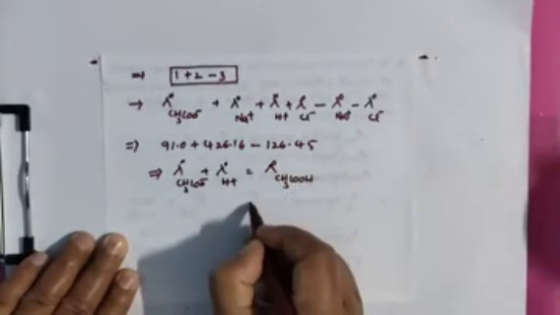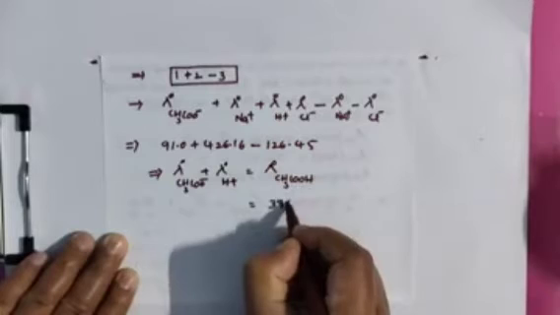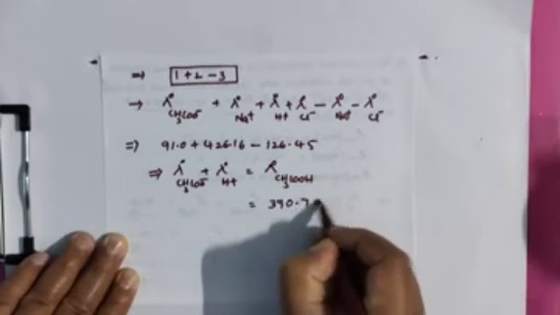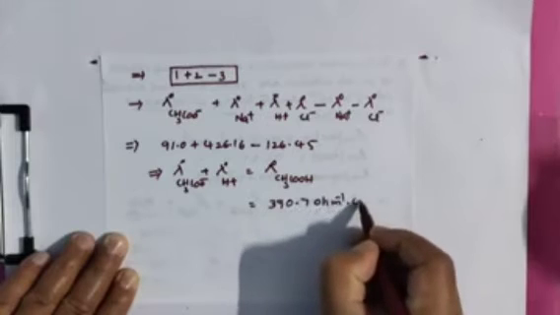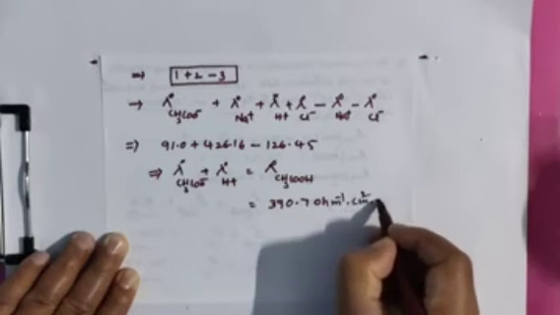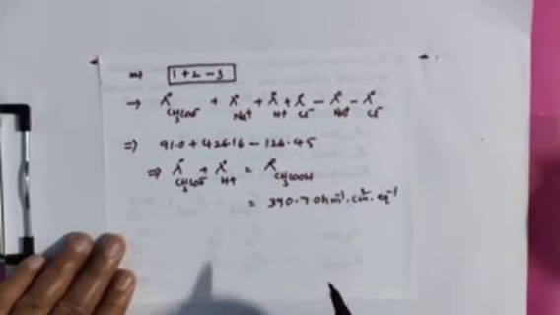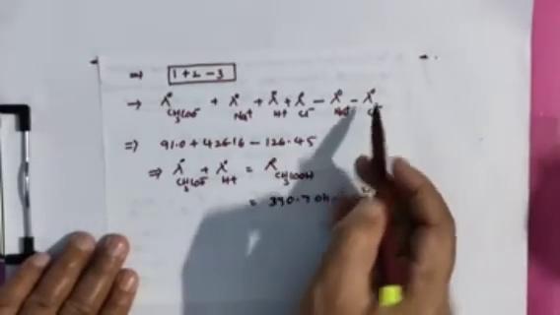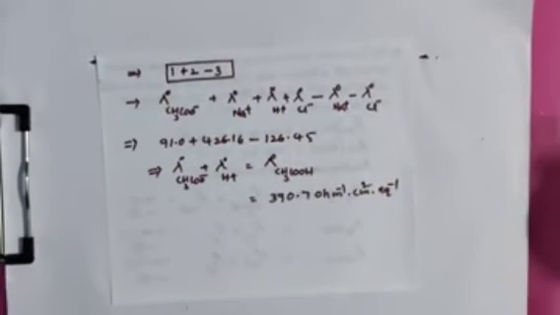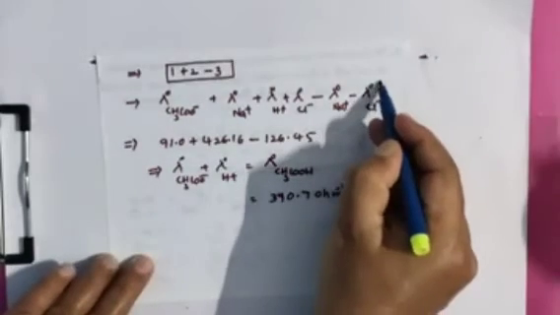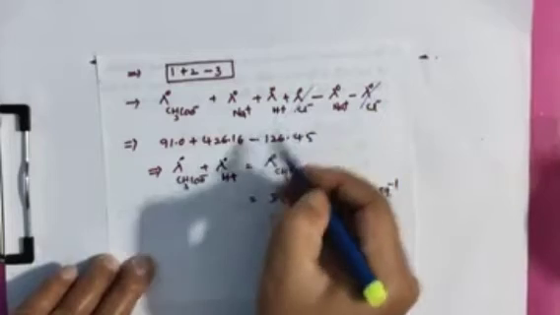Am I right? That is equal to 390.7 ohm meter inverse centimeter square equivalent inverse. Here plus Cl minus minus Cl minus will get cancelled.